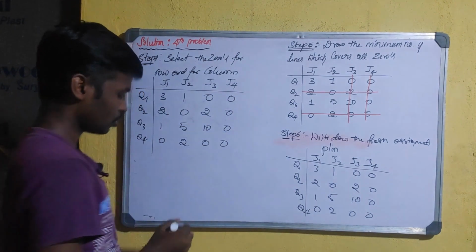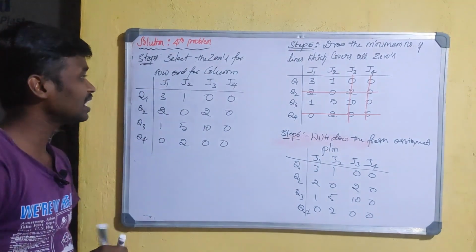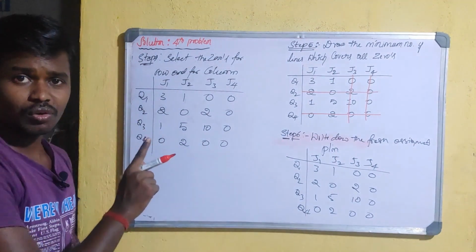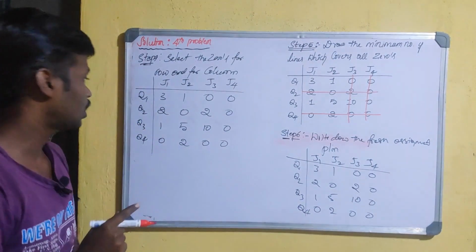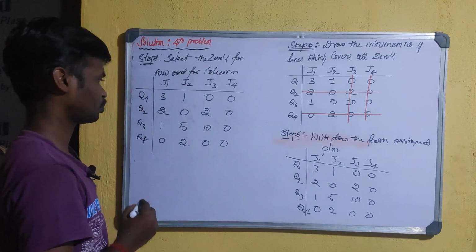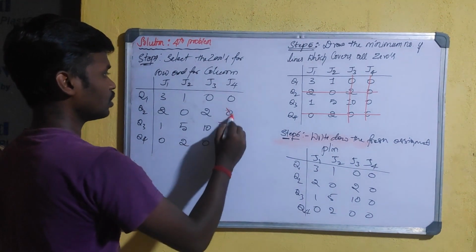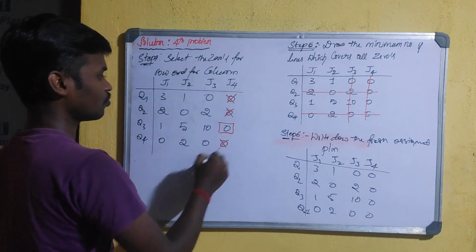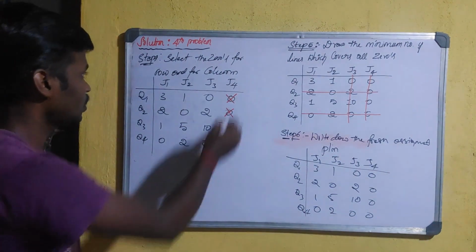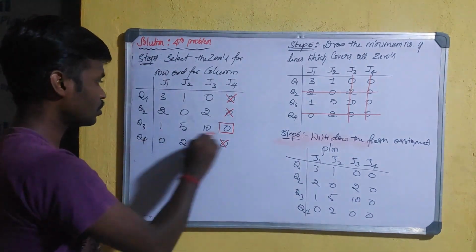See the times: 3 1 0 0, 2 0 2 0, 1 5 10 0, 0 2 0 0. Now we have to select one zero for each row and column. I am going to select this zero. It is not possible to select other zeros in this column or this row.